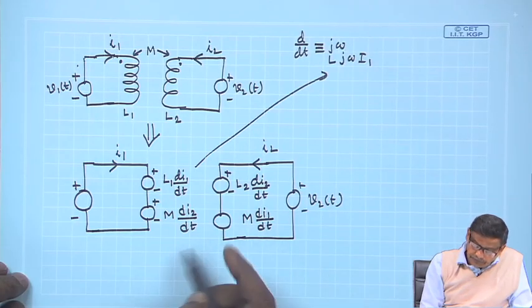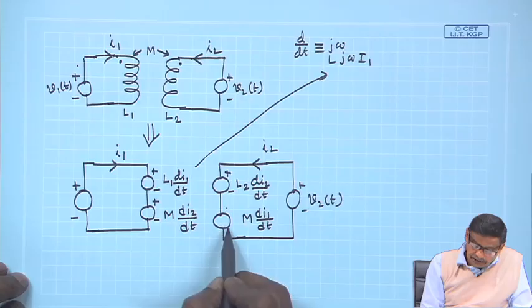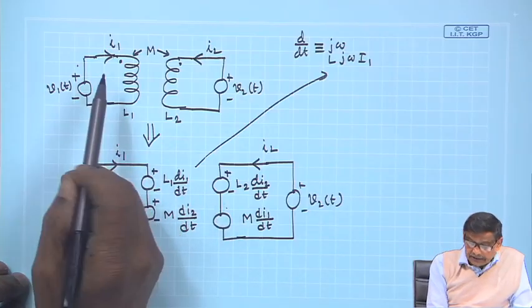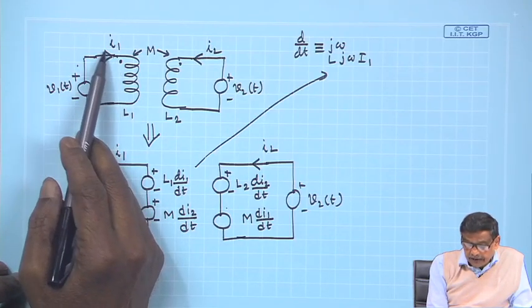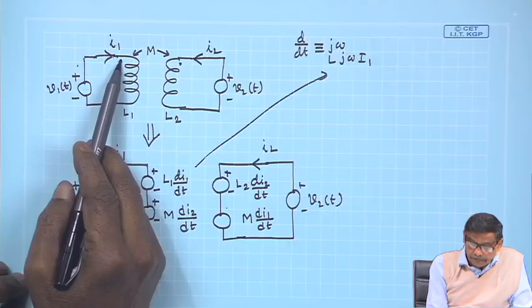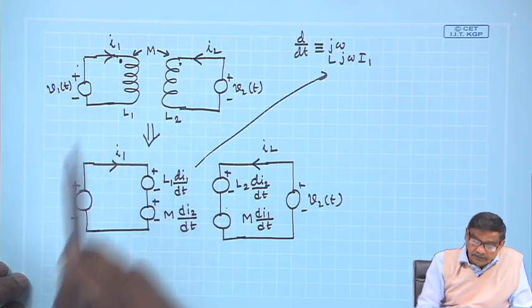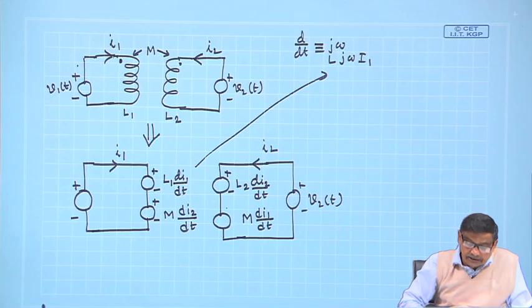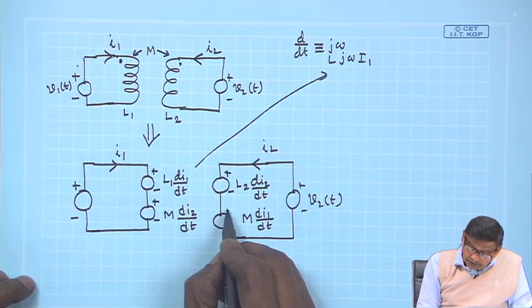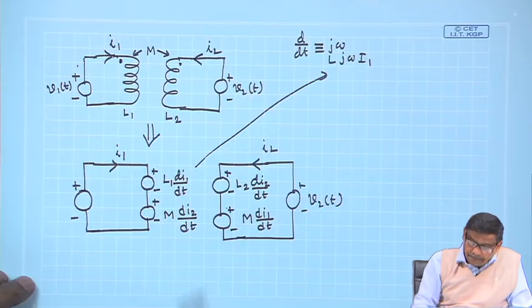Now, we have to decide where to write plus minus. Through the first coil I 1 is entering through the dot, then because of the mutually induced voltage in the second coil, it should be M d I 1 dt with upper side plus, that is the thing.